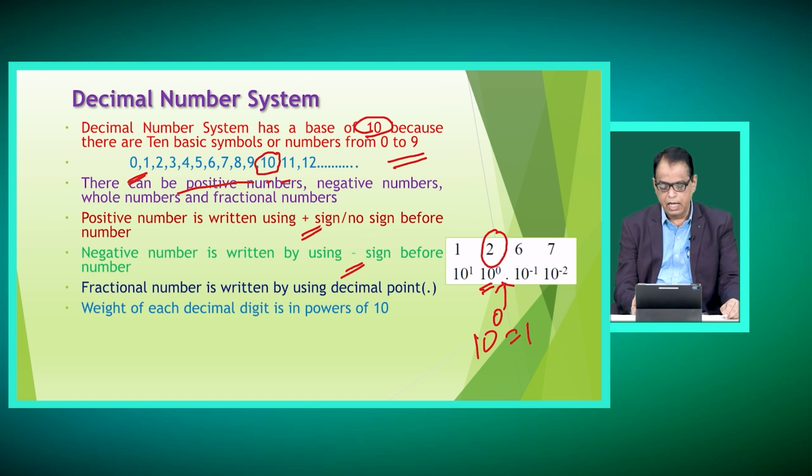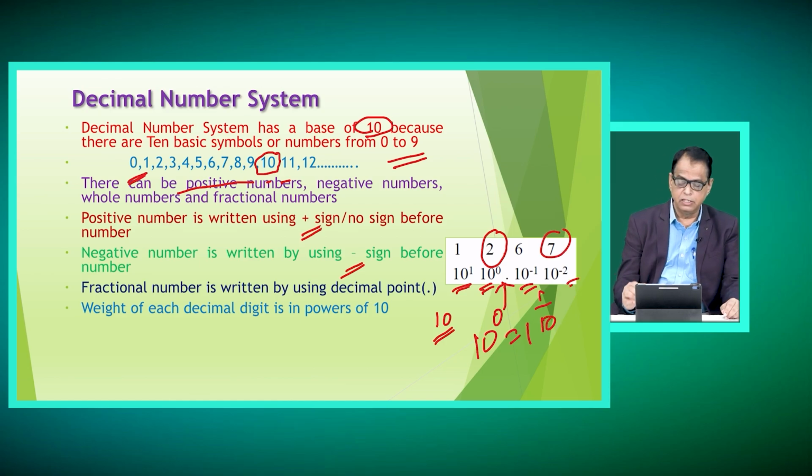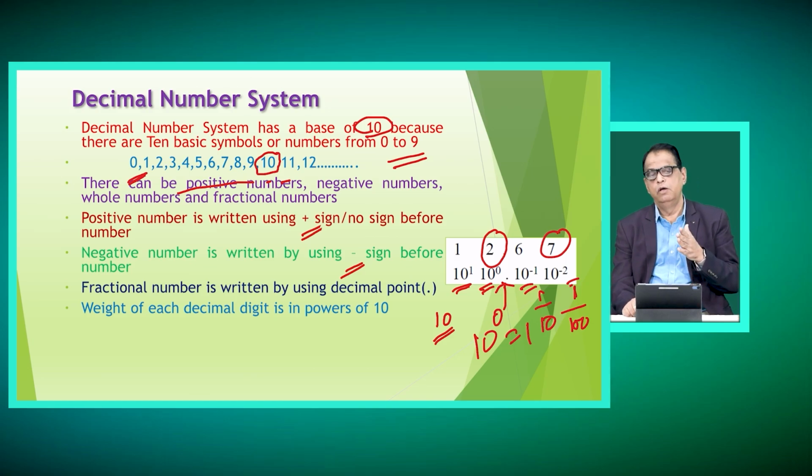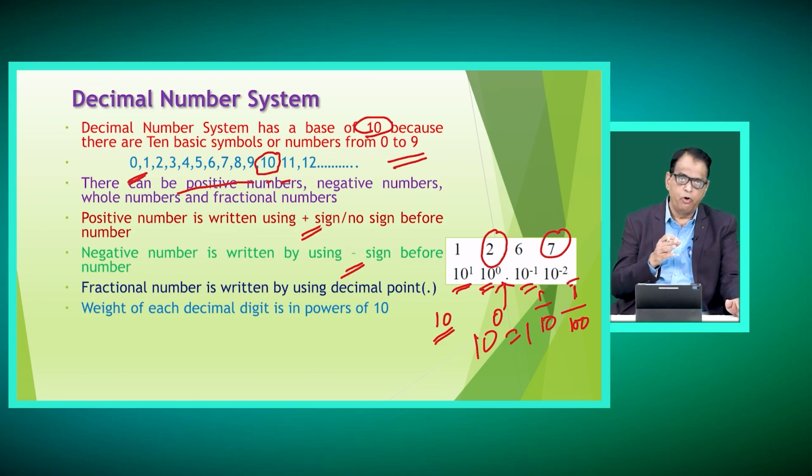And this 1 has a weight of 10 to the power 1, it means that it will have a weight 10. This 6 after the decimal point will have a weight 10 to the power minus 1, that is 1 by 10. And this 7 will have a weight 10 to the power minus 2, means 1 by 100. So you will find that when we go from the point to the left hand side, the weight goes on increasing, and when you go from the decimal point to the right hand side, then the weight goes on decreasing.